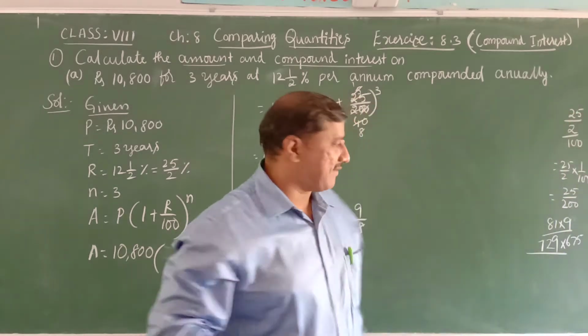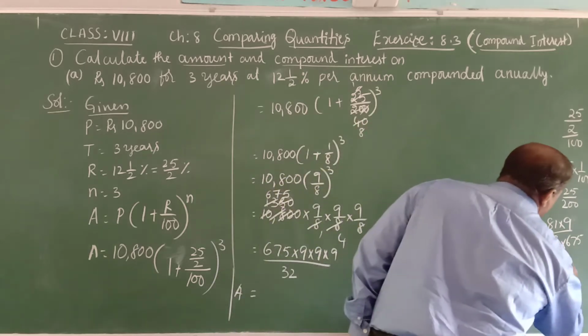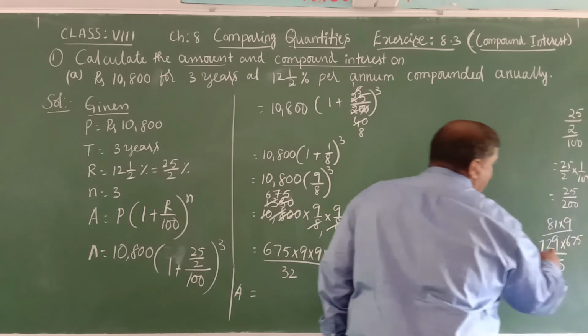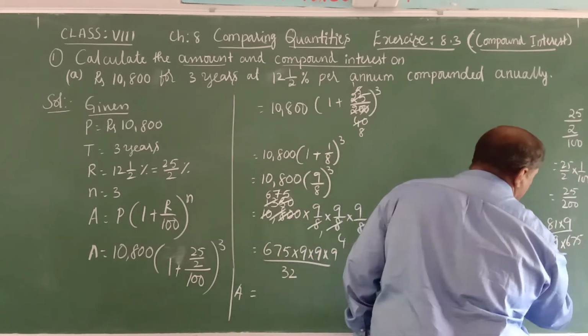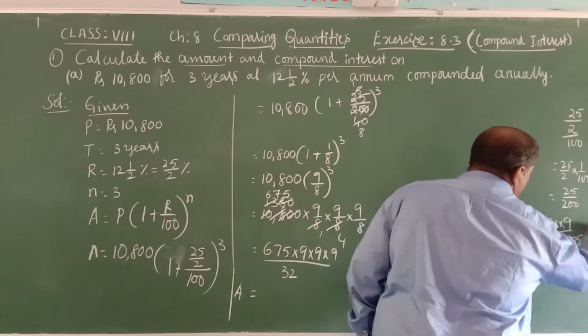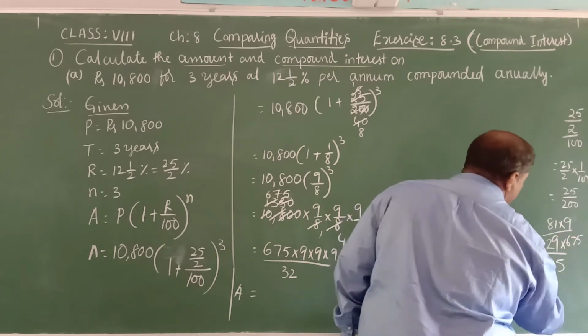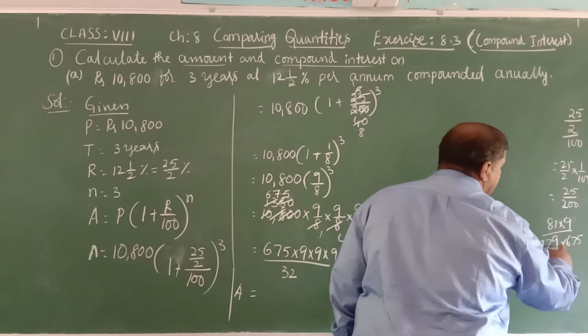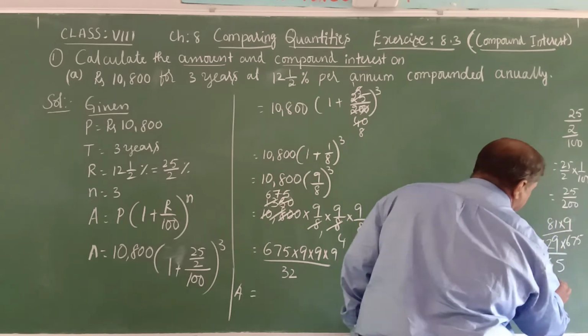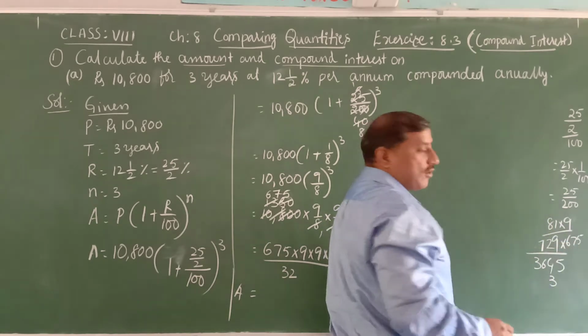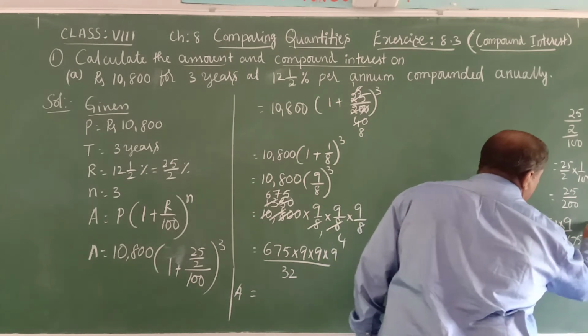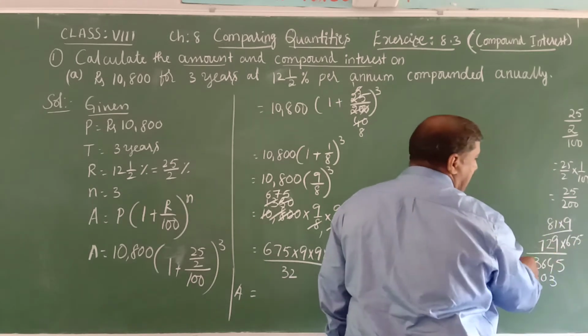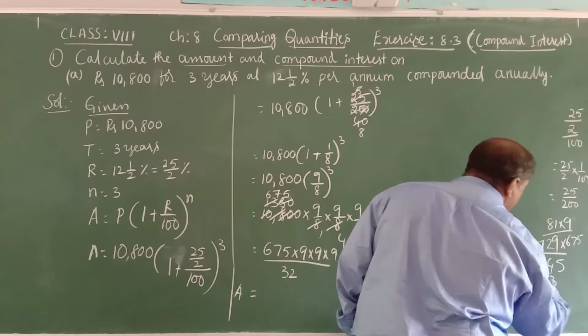Multiply this with 675. 5 nines are 45, 4, 5 twos are 10 plus 2, 10 plus 4, 14, 5 sevens are 35 plus 1, 36. Then with 7, 7 nines are 63, 7 twos are 14, 14 plus 6, 20, 2, 7 sevens are 49, 49 plus 2 it is 51.